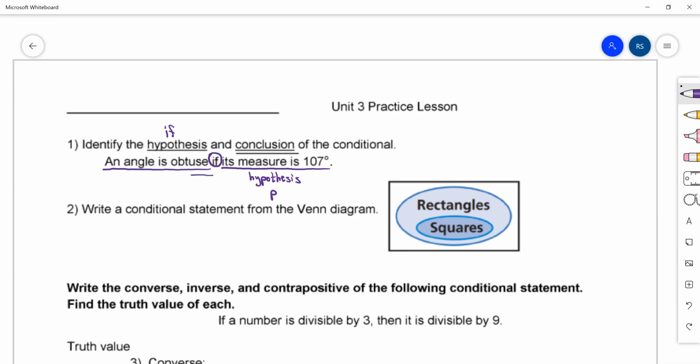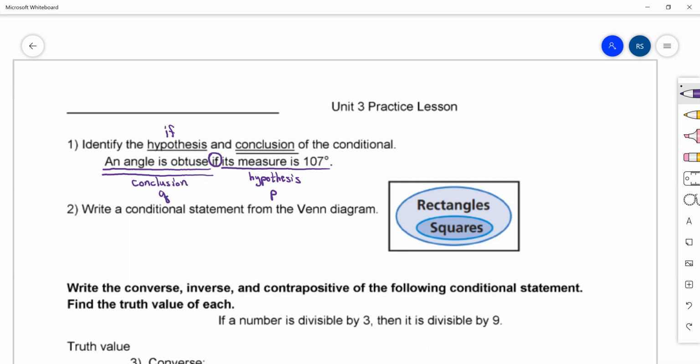Notice on the hypothesis, I did not include the word if. It's not part of your hypothesis. The other part is the conclusion. In this case, an angle is obtuse. So that's our conclusion. I didn't even read the statement first. I just started doing stuff.